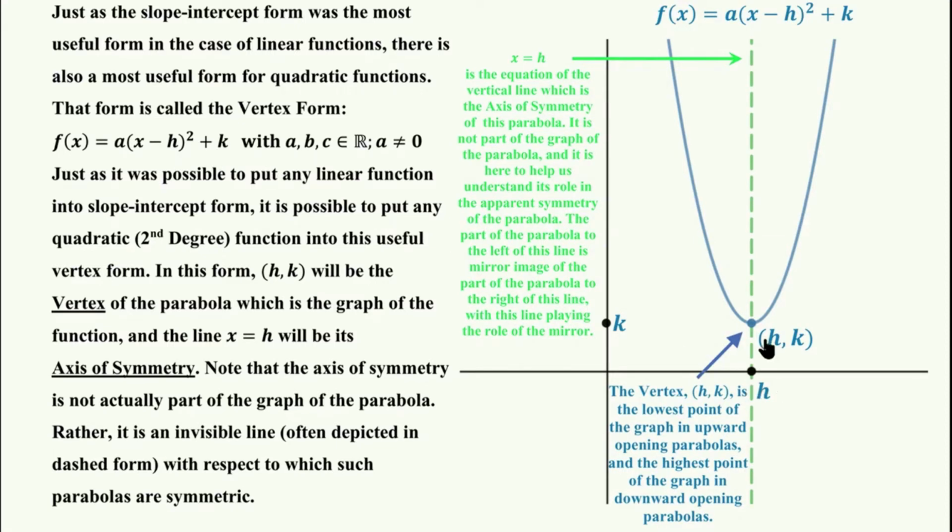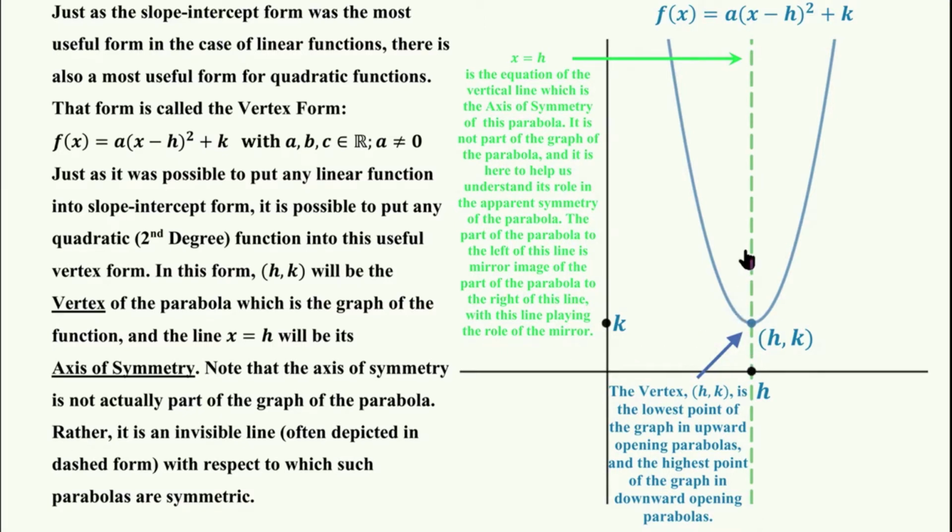h, k will be the vertex, and also there is this imaginary line that cuts the parabola exactly in half. The left and right sides of that imaginary line, which is actually not part of the graph, but we draw it here for visualization, will be mirror images, with the line playing the role of the mirror.